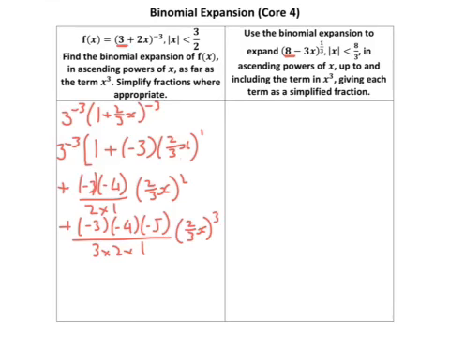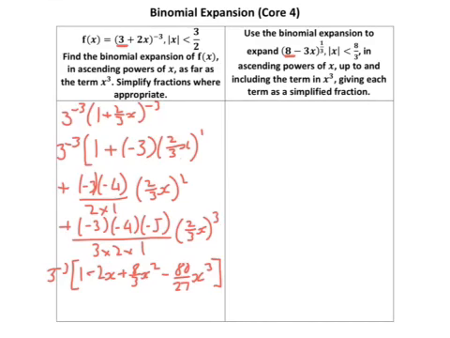I've got my 3 to the minus 3. Okay, first term is 1, and then it's going to be minus 2x, then it's going to be plus 8/3 x squared, and it's going to be minus 80/27 x cubed.